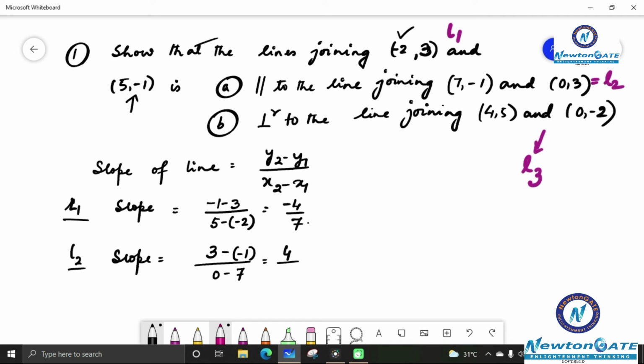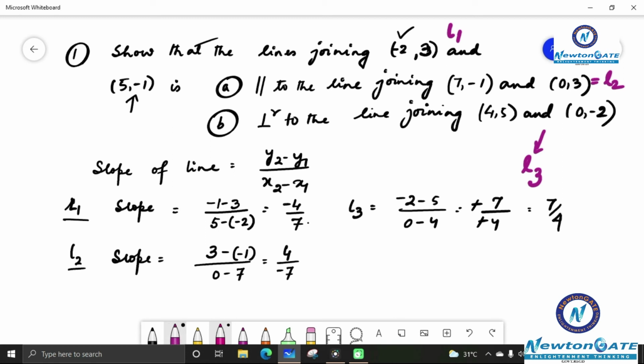So it gives me minus 4 by 7. Let's do that for L3. Minus 2 minus 5, 0 minus 4. So that gives me minus 7 by minus 4, which is 7 by 4.